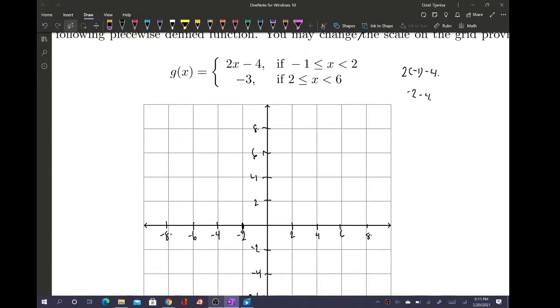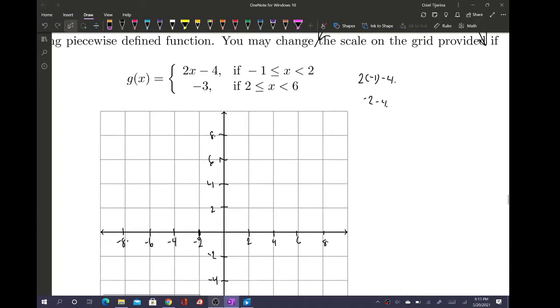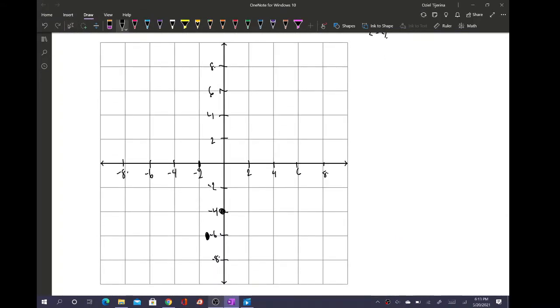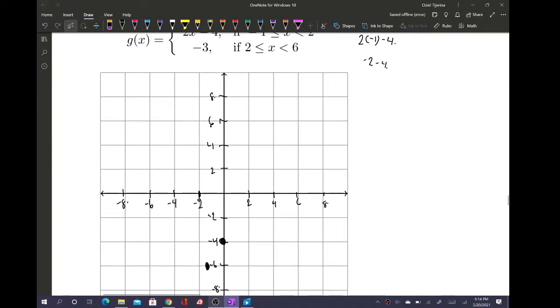And then if I do 0, that would be -4. So at x equals 0, y equals -4. And then at x equals 1, y equals -2. So I would do it right here.